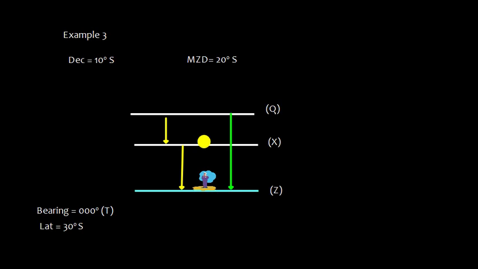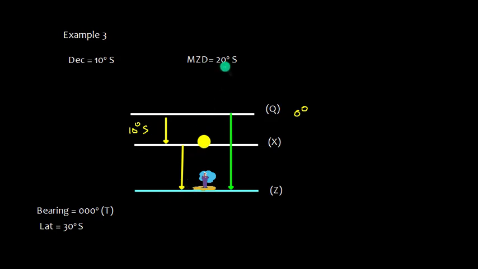Now, let us move on to example 3. Here the declination is 10 degrees south and meridional zenith distance is 20 degrees south. So, here this is Q, which is 0 degrees. Now, the declination is 10 degrees south, so you come here. Now, the sun is here.